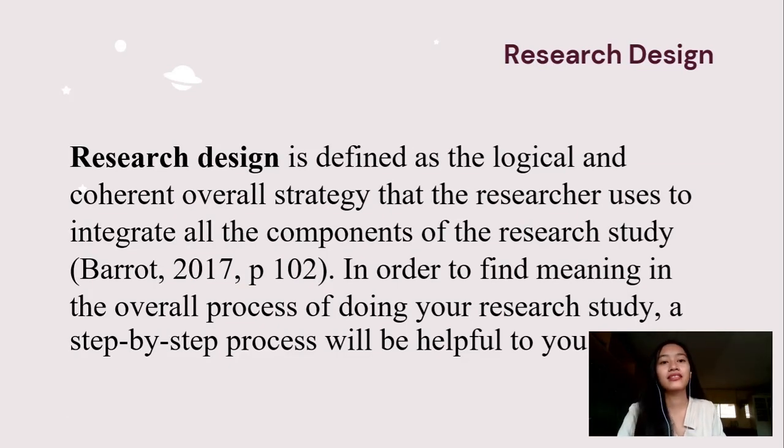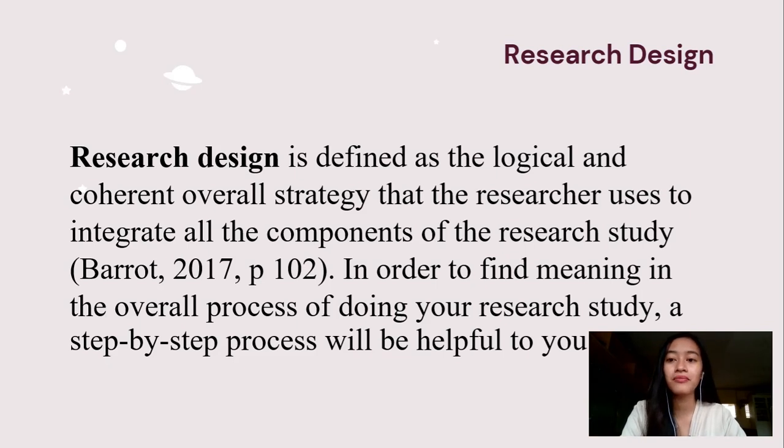First, research design is defined as the logical and coherent overall strategy that the researcher uses to integrate all the components of the research study. So all your components are integrated there, and it is arranged such that you will be able to observe what you want to observe.